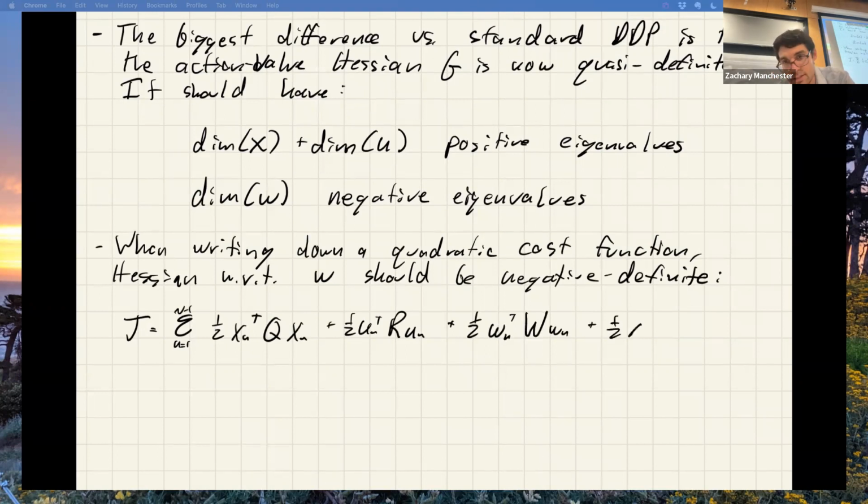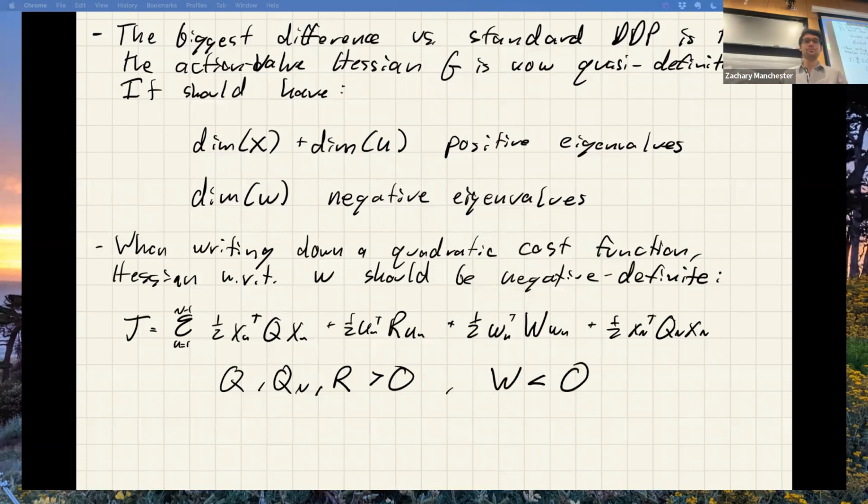And then our terminal cost on the state. You would want the Q, the QN, and the R to be positive definite, well, semi-definite for the Qs technically. And then you'd want this big W to be strictly negative definite for this to make sense.